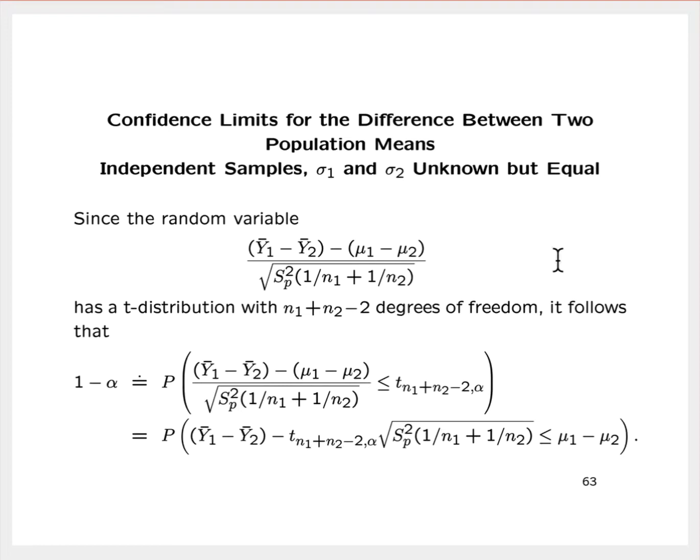Okay, so let's also look at how to construct confidence limits for estimating the difference mu1 minus mu2.